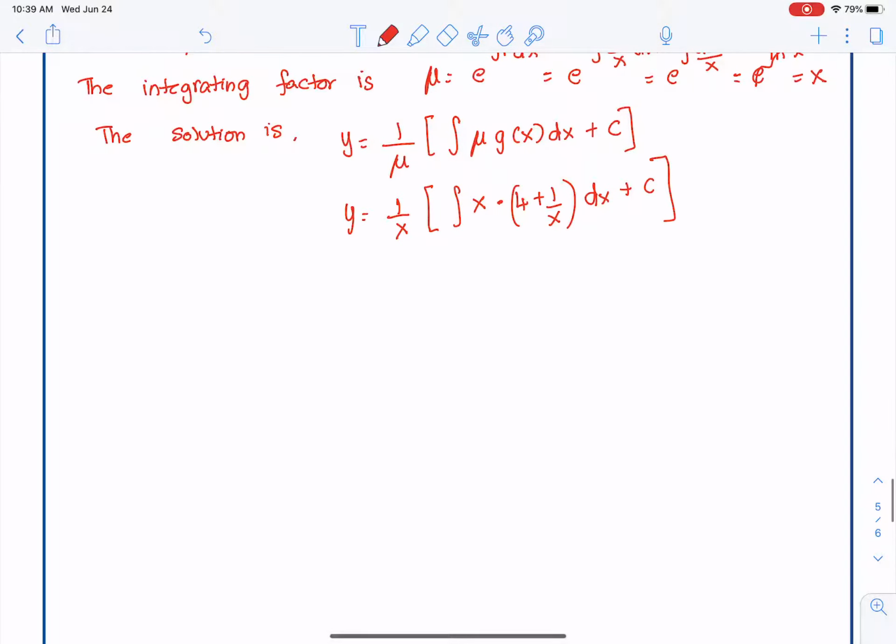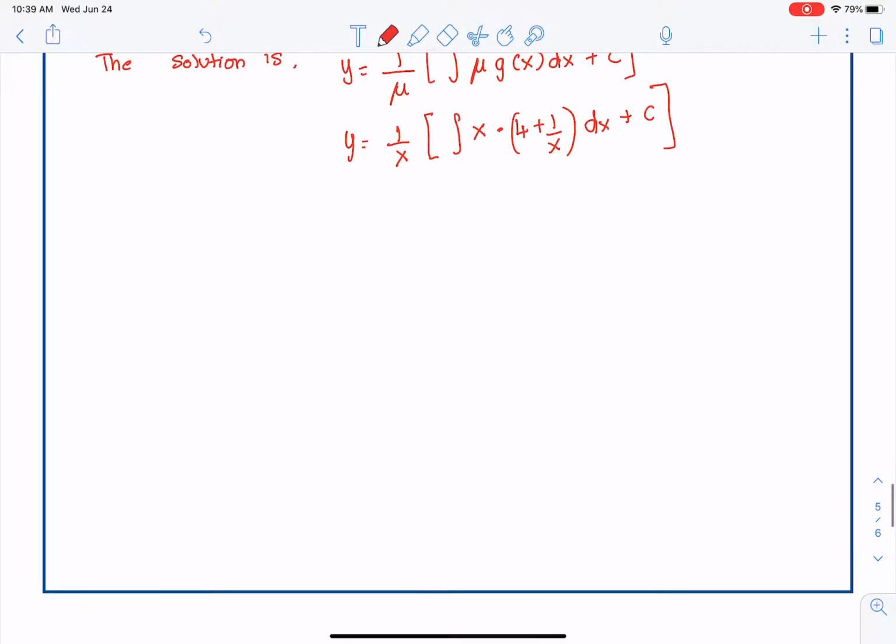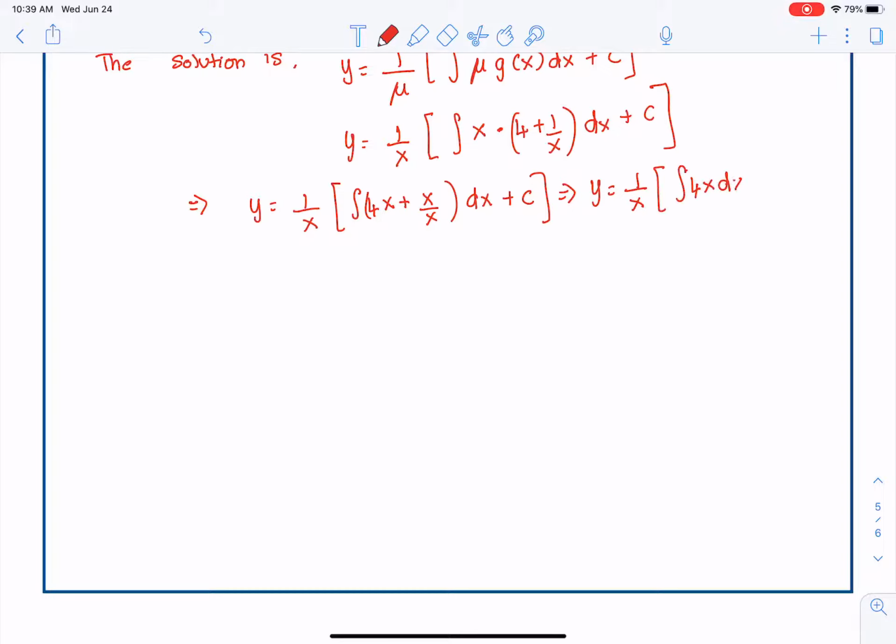Let us distribute the x inside 4 plus 1 over x dx. So we will get y equals 1 over x, integral (4x plus x over x) times dx plus c, which would reduce to integral 4x dx plus integral dx plus c.